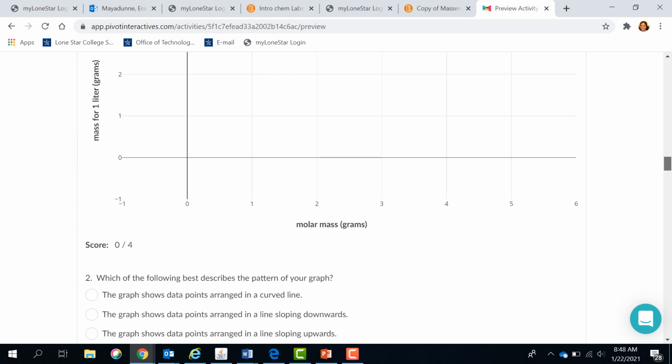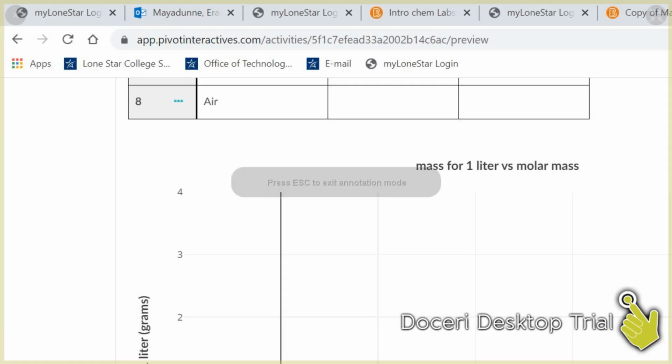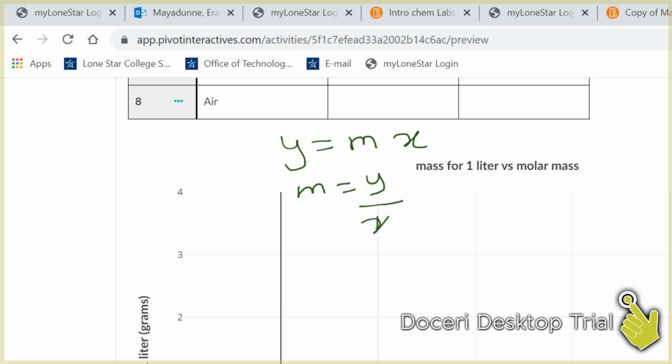Let me show you. Give me a minute, let me draw for you. My m, you saw here, y equals mx, and c also there, but basically m is the y-axis divided by the x-axis.